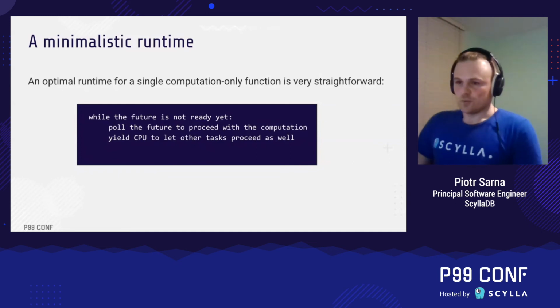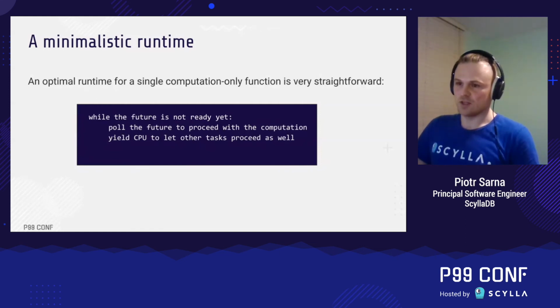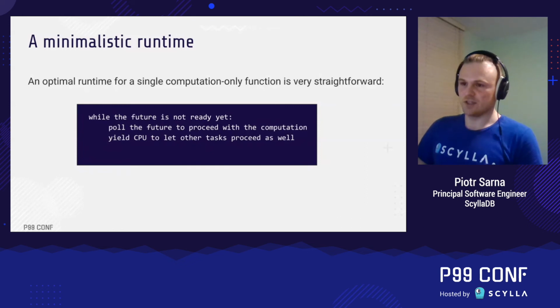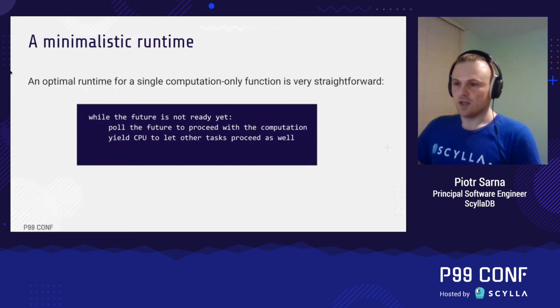But if we assume we have just a single function which only performs computations without any input-output, the matter becomes quite trivial. We just need a loop which constantly polls the future, proceeding with the calculations until it becomes ready, which signals that the computations are done. And that's it. We finalize the computation successfully.